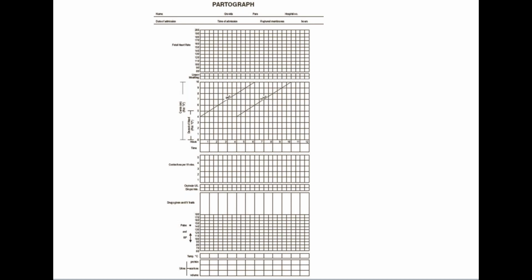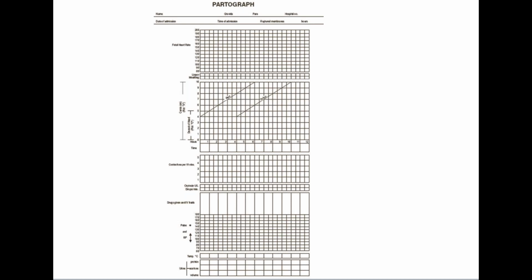Then the next square is the most important part of the partogram, which is the cervical dilatation area. According to how many centimeters dilated, we will mark it when we examine the lady. If everything is going well, our examination is after 4 hours, so every 4 hours we examine the patient.